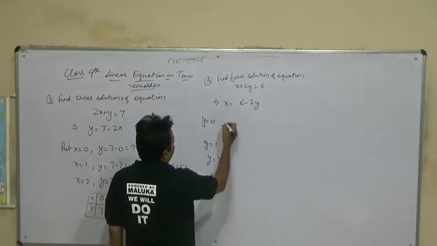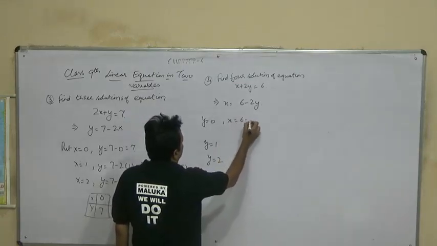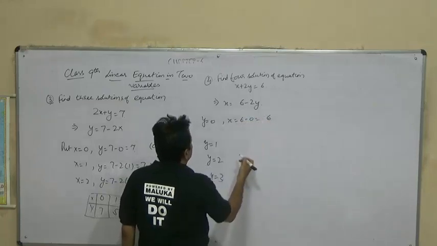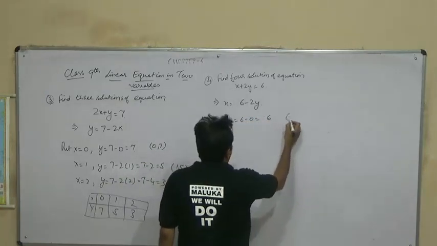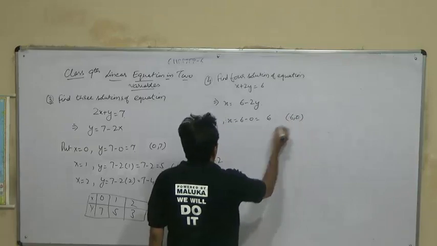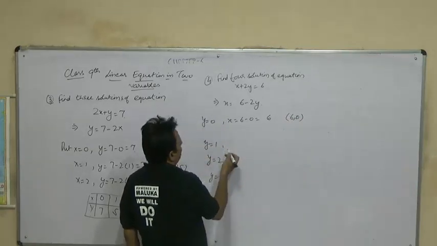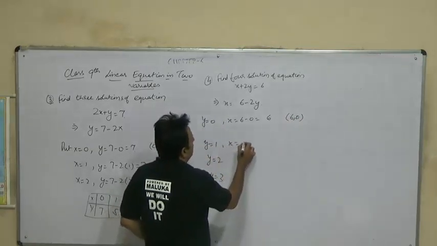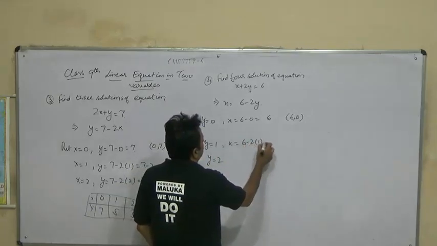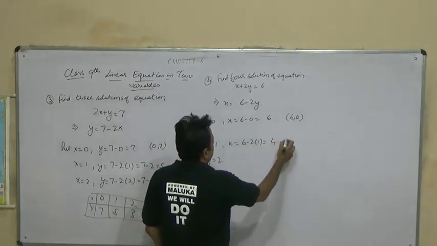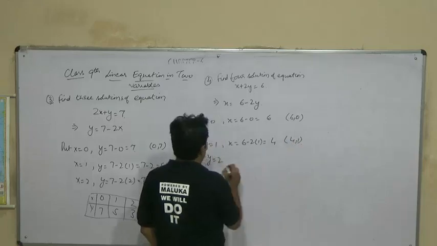So when y is equal to 0, x will be 6 minus 0, which is 6. So the point is 6 comma 0. When y is equal to 1, x will be equal to 6 minus 2 into 1, so this will be 4. So this will be 4 comma 1.